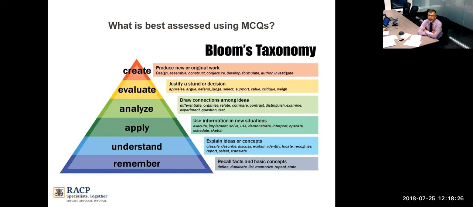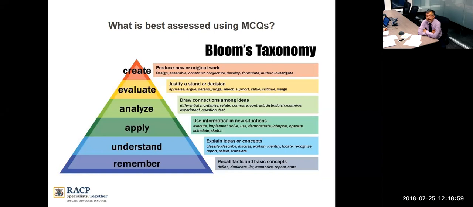Understanding is about explaining and being able to take these basic recall facts and use them in some way. So describing, discussing, explaining, things like that. It's a little bit more complicated than remembering, and it moves up on Bloom's taxonomy. What you also need to know about Bloom's is that anything higher up requires all the other ones underneath it. For example, understanding requires you to be able to recall facts.